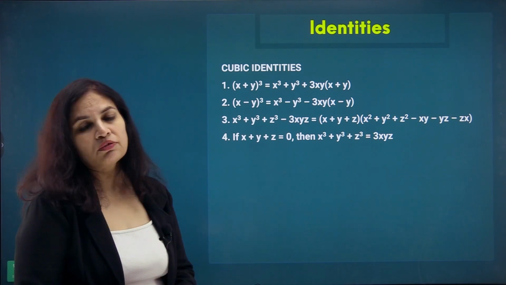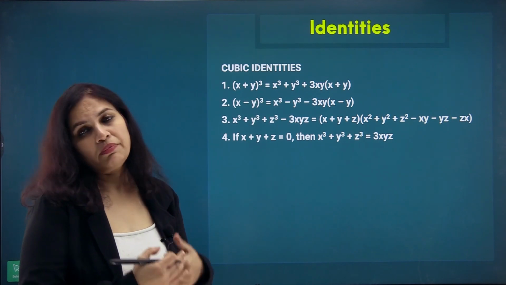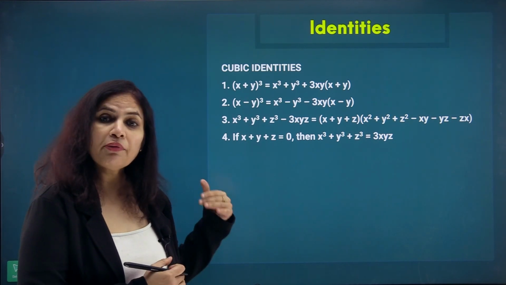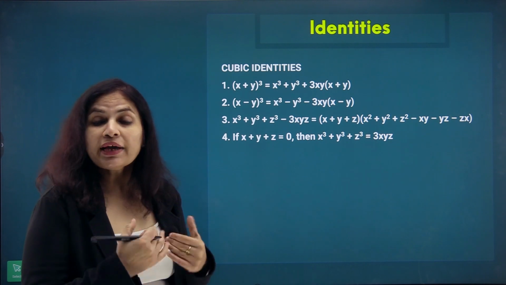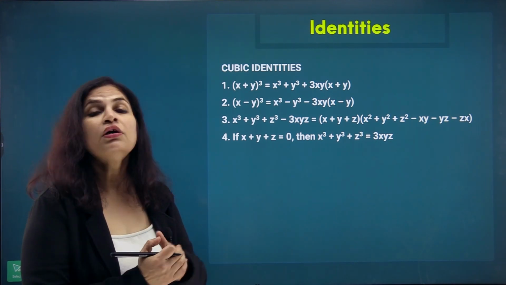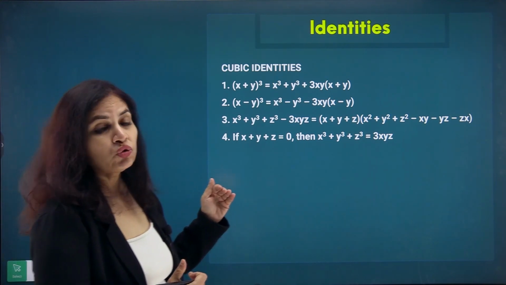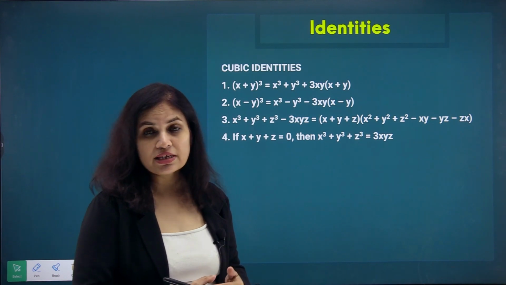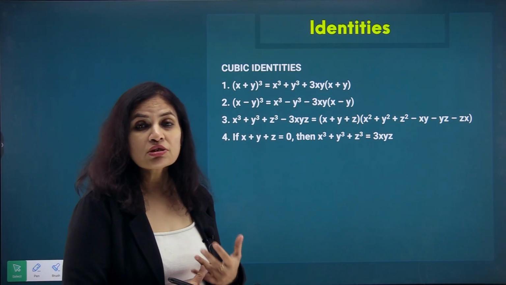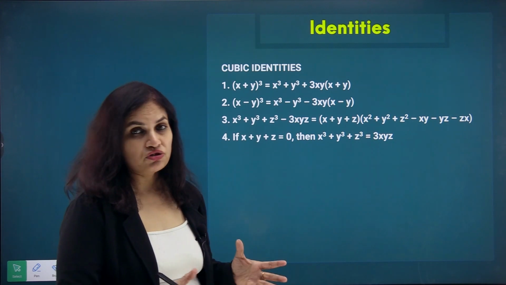We have learned how to factorize a quadratic polynomial by middle term split, by taking common, and also by using identities. We have learned how to factorize cubic polynomials by splitting it into a linear and a quadratic. Now we'll learn how to use cubic identities to factorize, and also what are the uses of cubic identities in finding the values of large numbers.